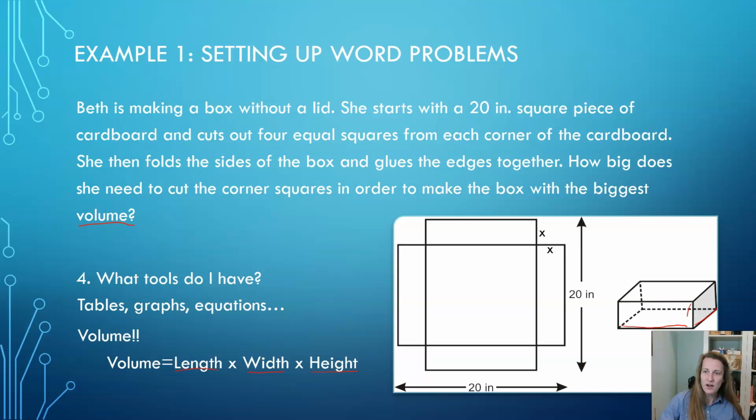And then we have our height, and our height happens to be X right there. That's the corner piece that's cut out right there. So I have 20 minus 2X times 20 minus 2X times X. That's my volume. You don't have all the tools to actually solve this problem, but you set up a really hard problem with 4 easy steps.